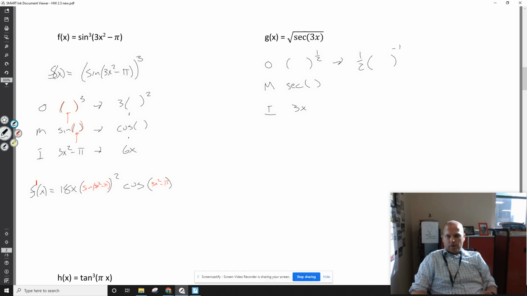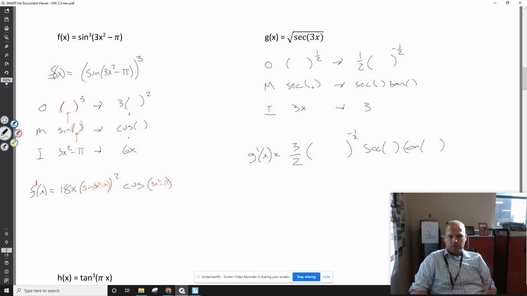All right, so let's take the derivatives of all of the different functions. Secant stuff, tangent stuff. We did that earlier. And then 3. Multiply things in any order. The 3 and the 1/2 can be multiplied together to give us 3/2. I have stuff to the negative 1/2. And then I have secant stuff, tangent stuff. What starts in the parentheses stays in the parentheses.